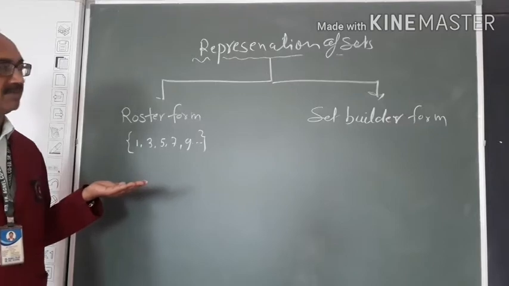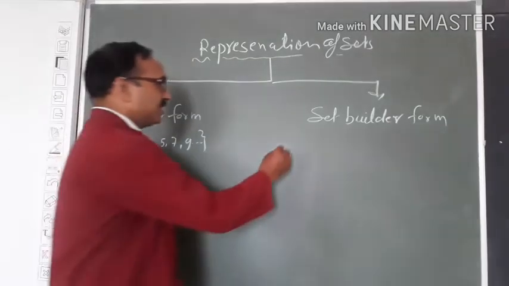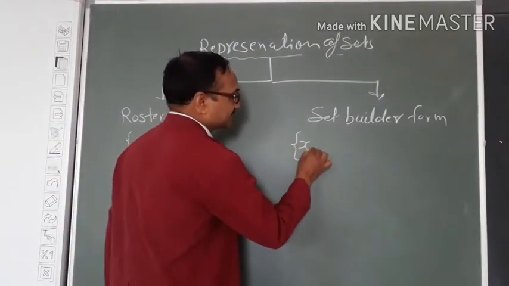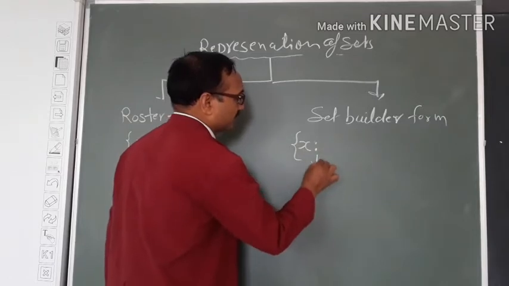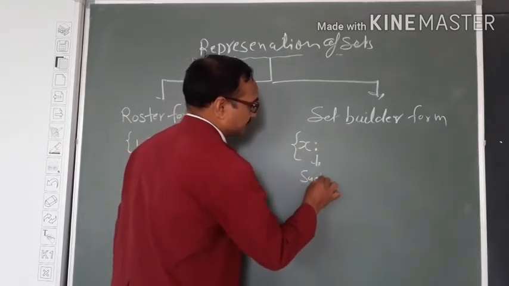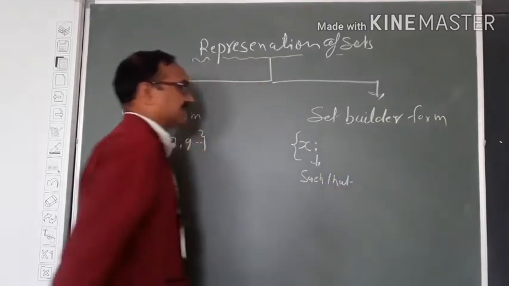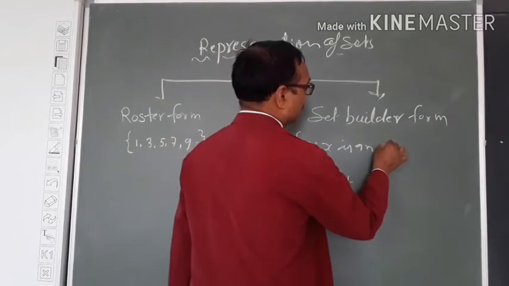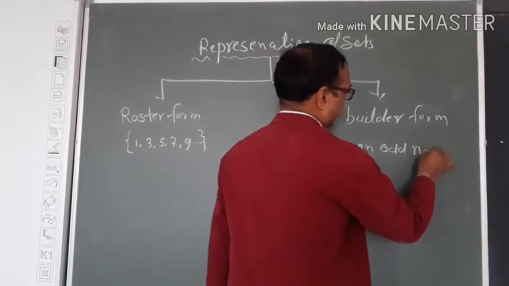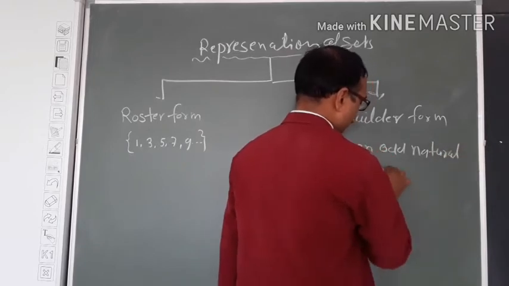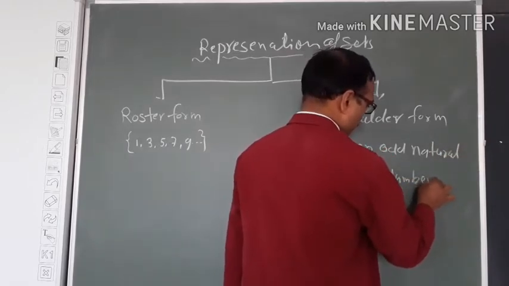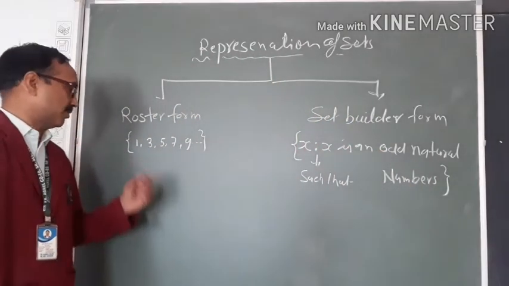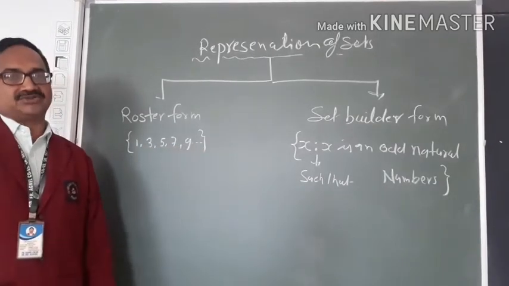Now in set builder form, we define what the elements are. Write it this way: x such that x is an odd natural number. This is the symbol of such that. X such that x is an odd natural number, because 1, 3, 5, 7, 9 are odd natural numbers.